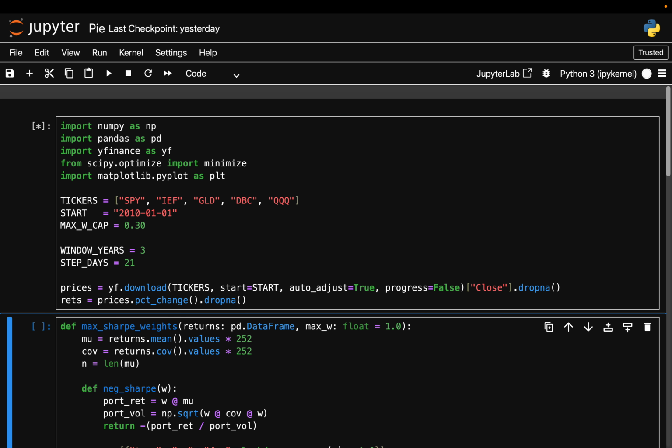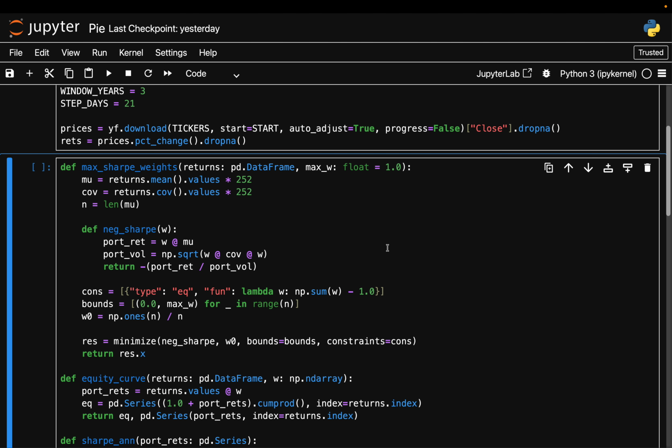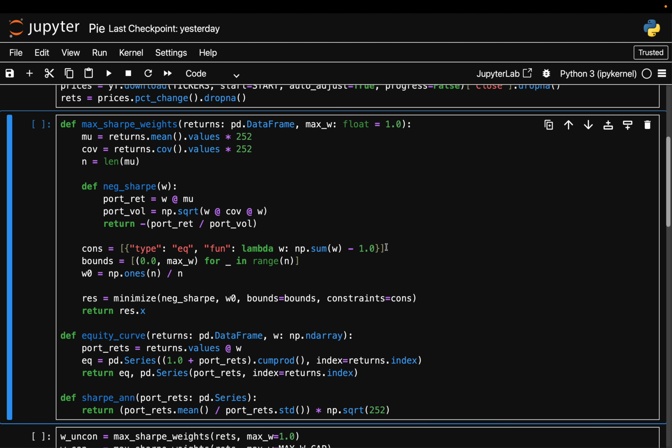So let's execute that. Next up, we've got the optimization. I'll briefly explain what we are optimizing before looking at any results. So this block is the optimization. We estimate mean returns and the covariance matrix from daily data and annualize them.